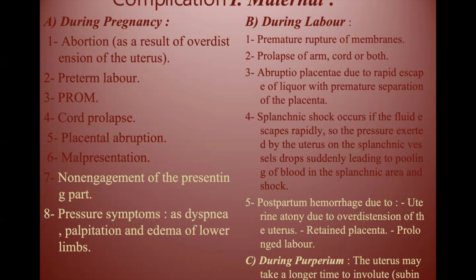And we may have splanchnic shock, which occurs if the fluid escapes rapidly, so the pressure exerted by the uterus on the splanchnic vessels drops suddenly, leading to pooling of blood in the splanchnic area and shock.